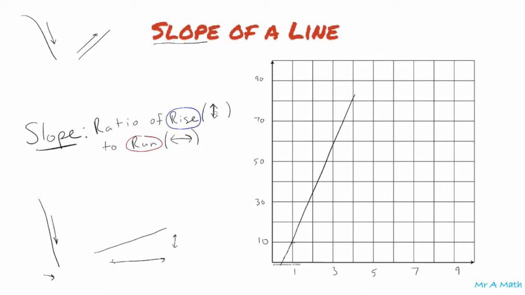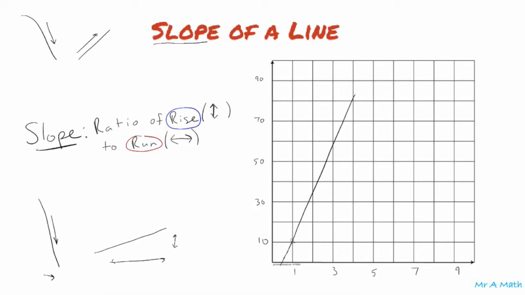So rise, we're saying, is up and down. And so what I need to do is find two convenient points to find this ratio. I am basically looking for any point on this line, and how far up it goes compared to how far over it goes. So we're going to pick a couple points that are easy reference points.